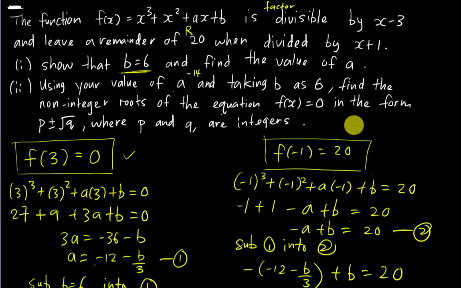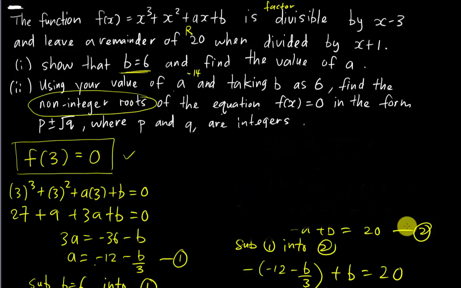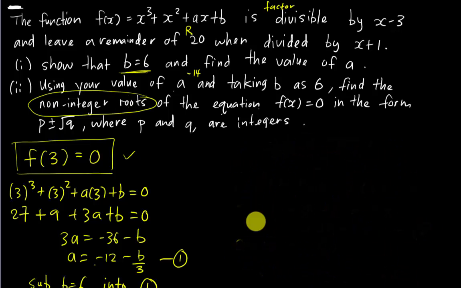Alright, so from here, when you see non-integer root in the question, something will come to your mind very quickly: you will need to use a formula. And the question gives you another hint, which is this: you want to get negative p plus minus square root q.